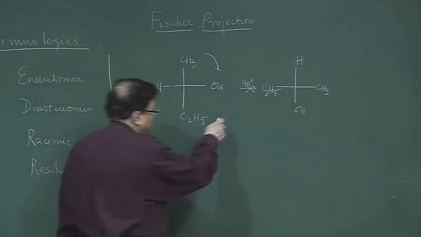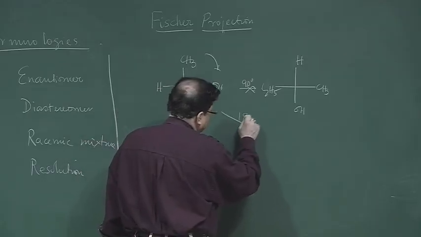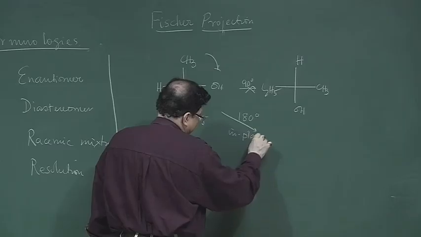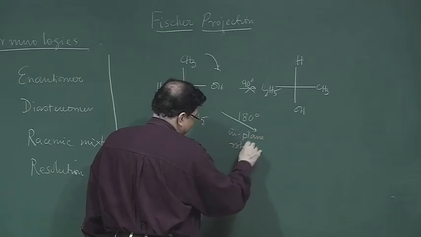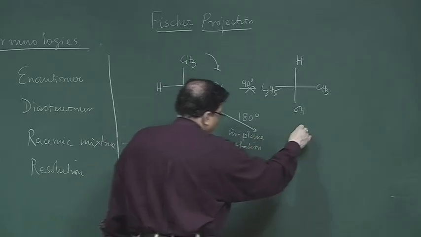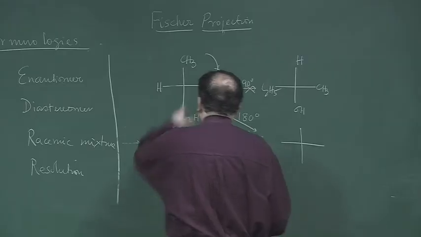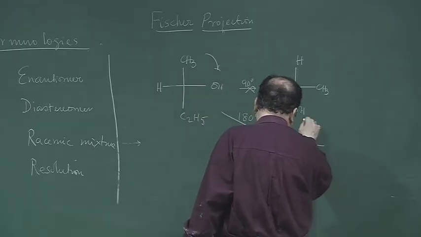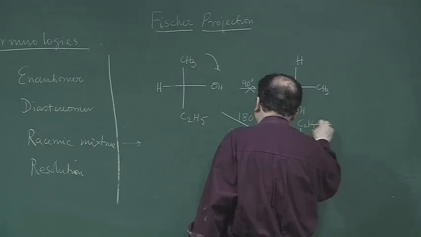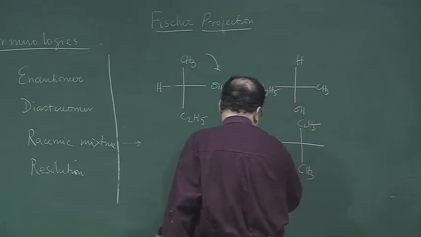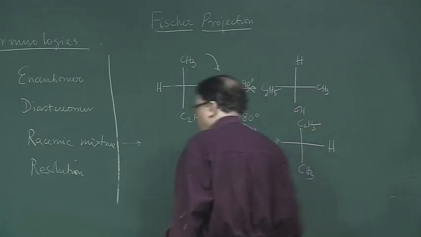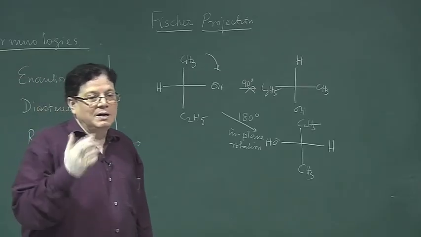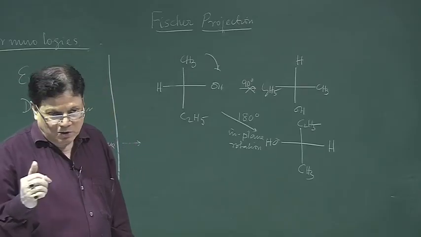What is allowed is 180 degree in plane rotation. That means this methyl is here, C2H5 is there, and then OH is here, H is here. So, 180 degree in plane rotation is allowed, 90 degree in plane rotation is not allowed.